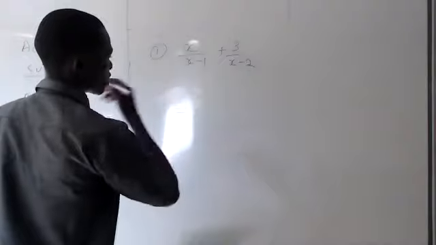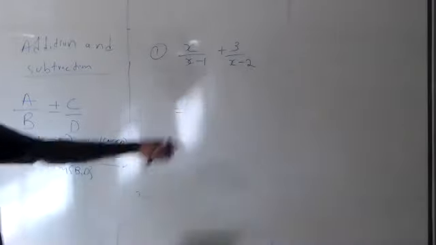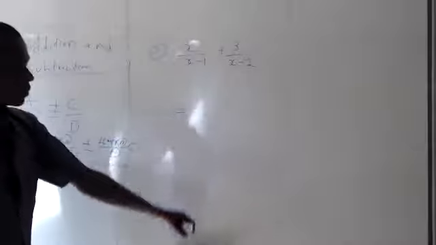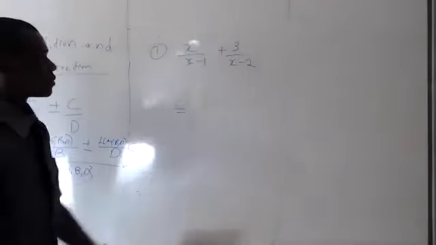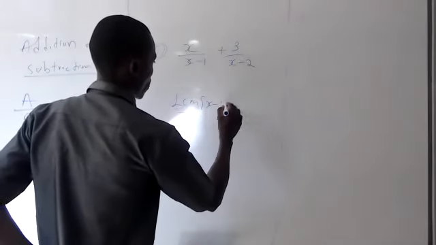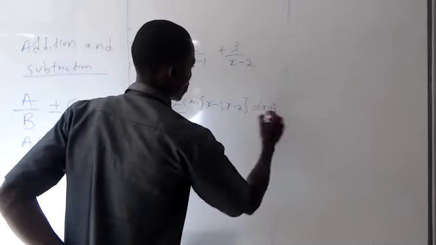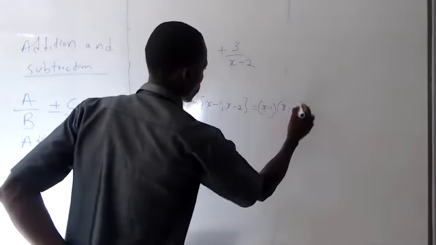What is the LCM of x minus 1 and x minus 2? It's the product, x minus 1 times x minus 2.